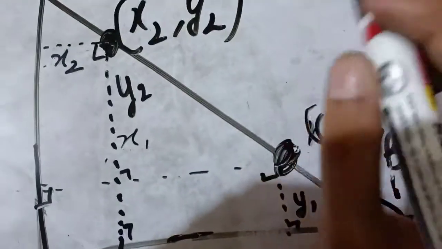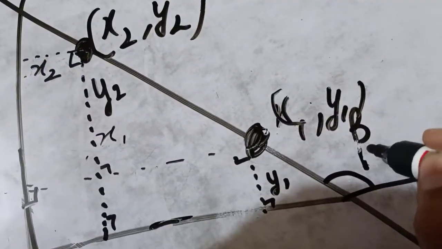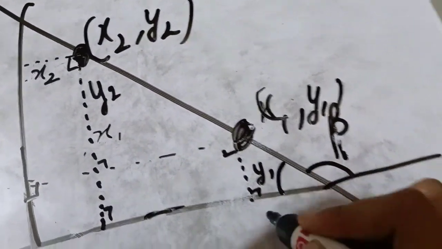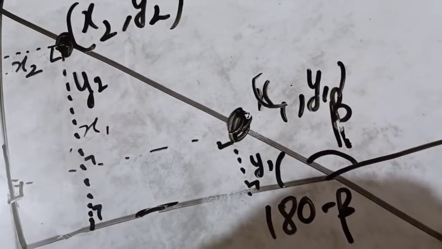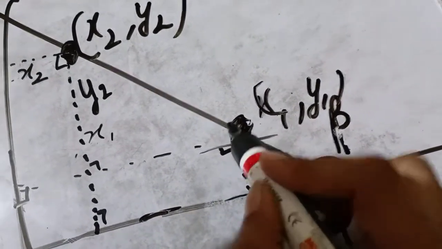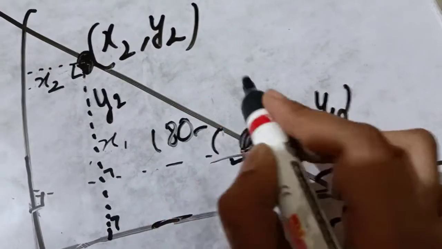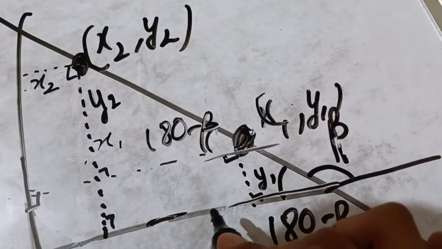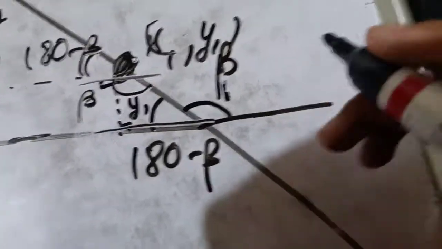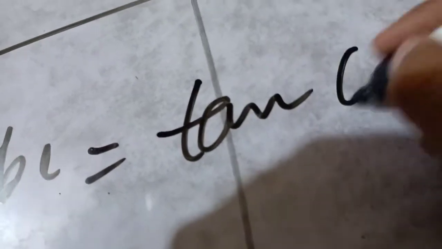Now what I need to tell you is that this is our beta, so what will this be? 180 minus beta. Is it right? As we know that this line is parallel to this line and this is a transversal, this will also be 180 minus beta, and this angle will equal what? Beta only. What we need to find is the slope, which is equal to tan theta.